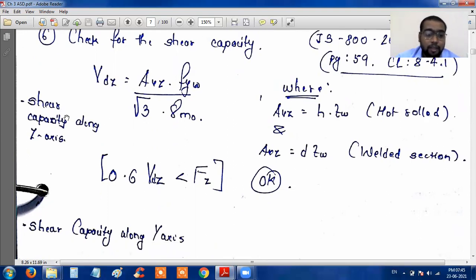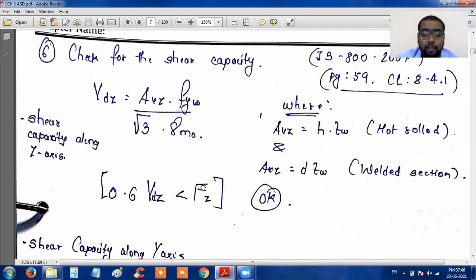And here, for the shear capacity along the Z axis, Vz, we will find the Vdz and multiply with 0.6, and it should be less than Fz. If it is more than the Fz, then again find out an alternate section and calculate the shear capacity again.